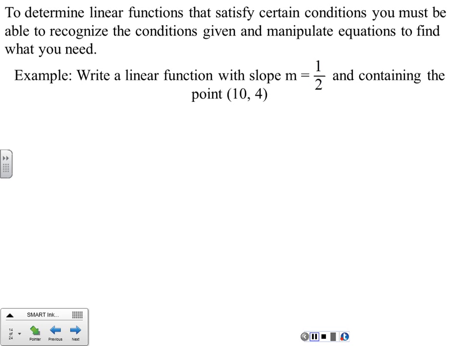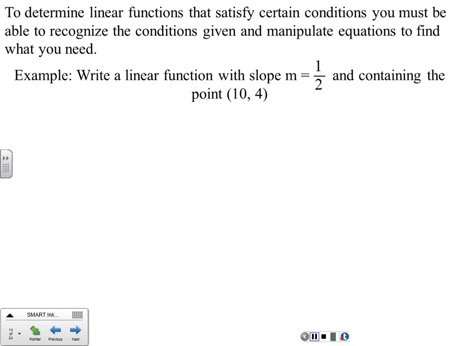Can you tell me what slope-intercept form is? Y equals mx plus b. You have standard form. Does anybody remember standard form? Ax plus by is equal to c. And then your point slope. Do you remember point slope? Y minus y1 equals m times x minus x1. Those are the 3 formulas that you need, okay?